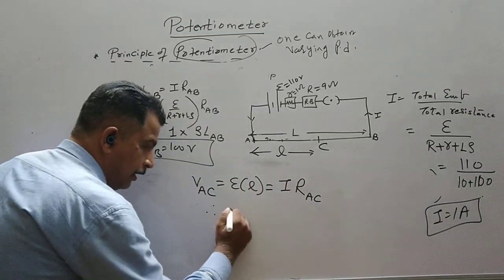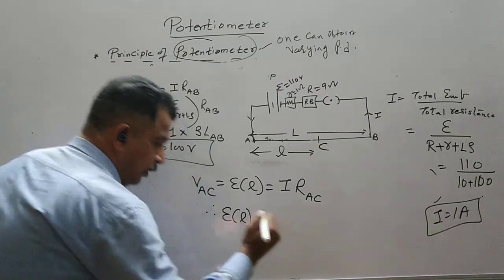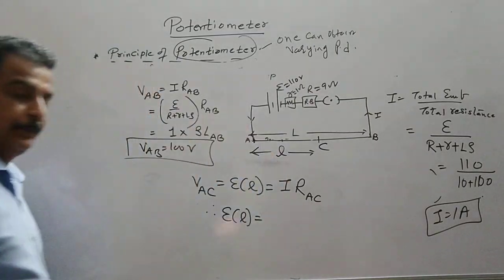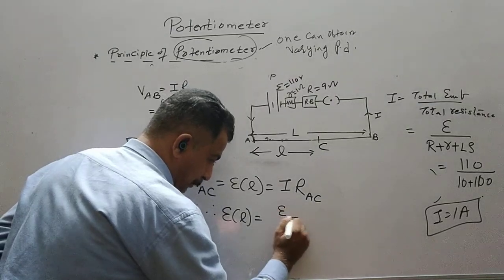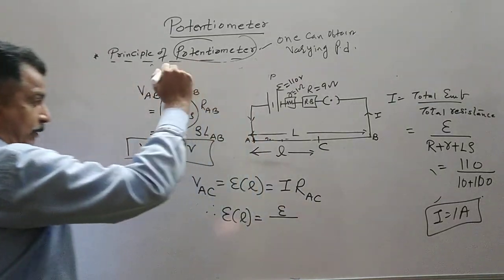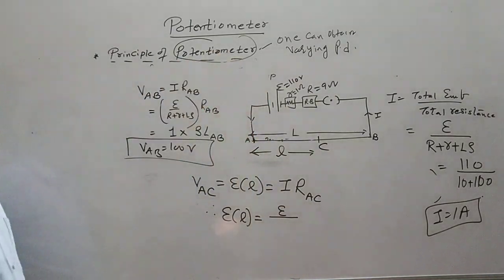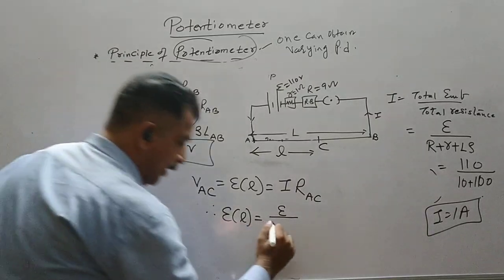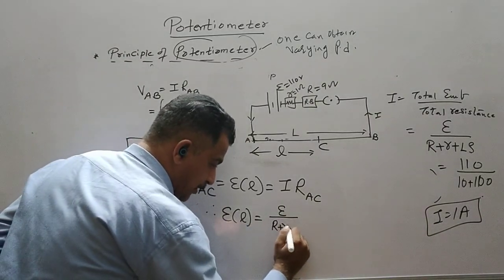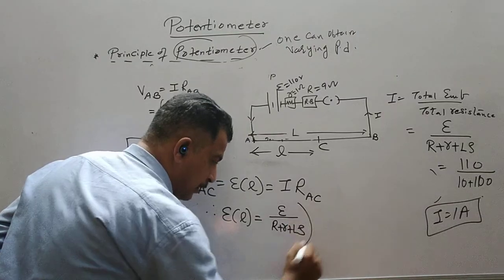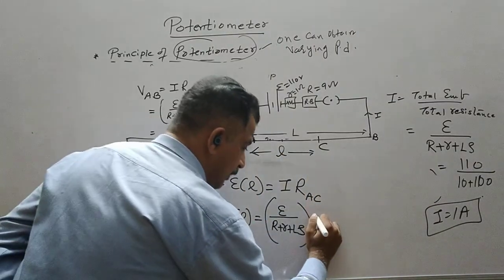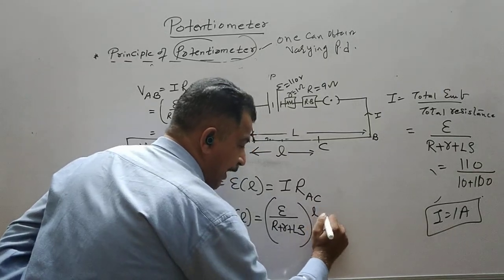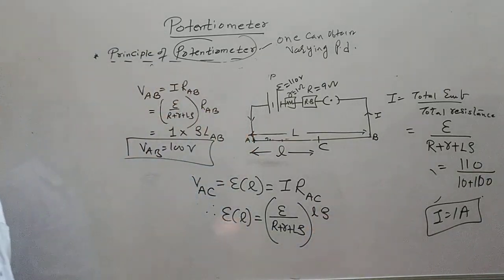One way is to remember the thing like this. Therefore, EL is equal to, now total current. Total current is total EMF, this is a driver battery EMF, you have to remember this is a driver battery, main battery, divided by total resistance, into the resistance of this wire, that will be written as L into rho.